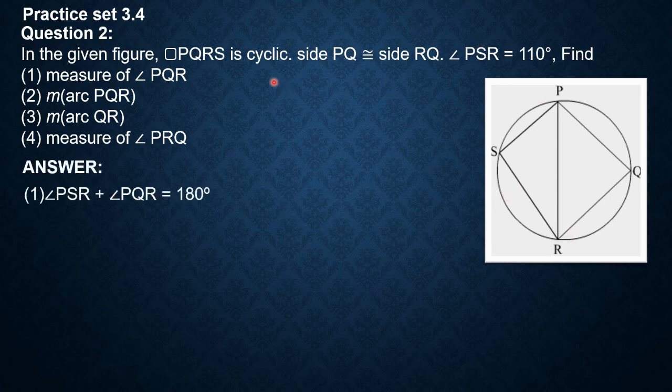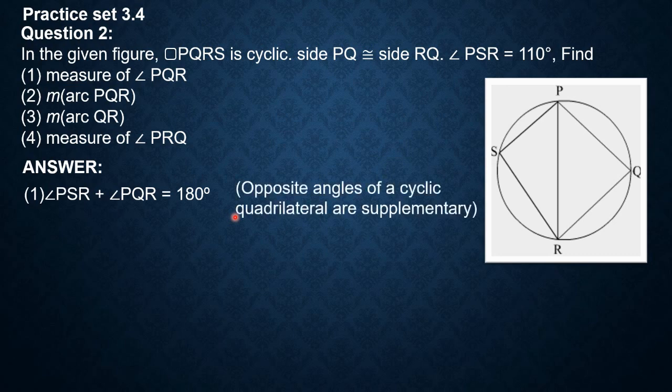Since the quadrilateral is cyclic, by the cyclic quadrilateral theorem, opposite angles of a cyclic quadrilateral are supplementary. So angle PSR and angle PQR are opposite angles of the quadrilateral, and their sum will be 180 degrees. Hence angle PSR plus angle PQR will be equal to 180 degrees.